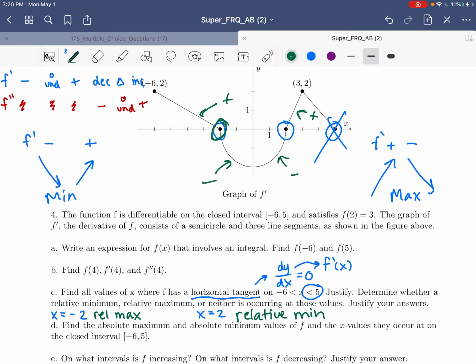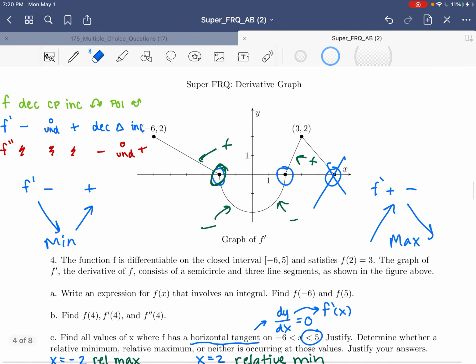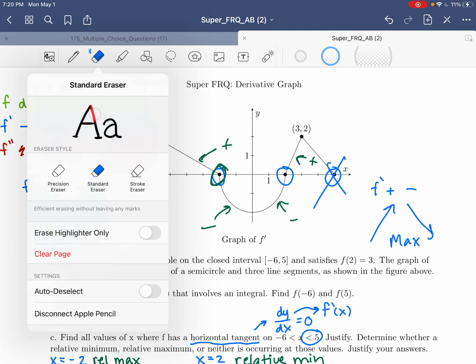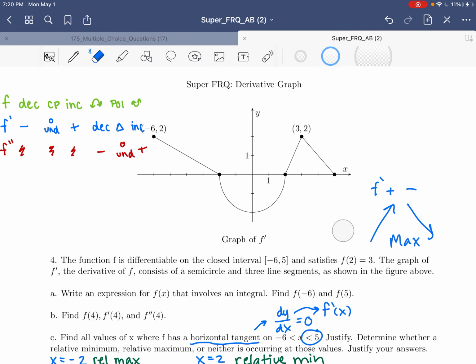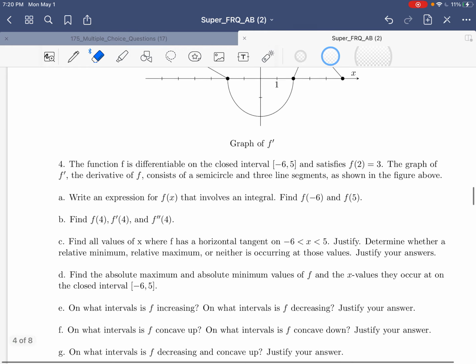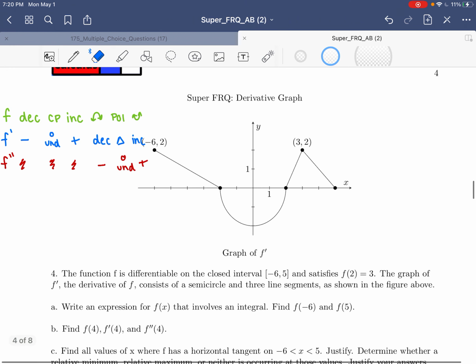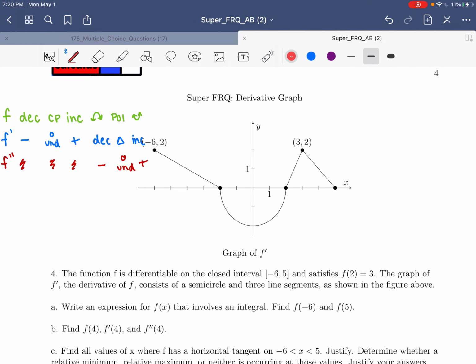Okay, absolute max and min. I'm going to do this up at the top just because there's more room and I can look at the graph. Alright, so absolute max and min, you should be drawing this chart here.